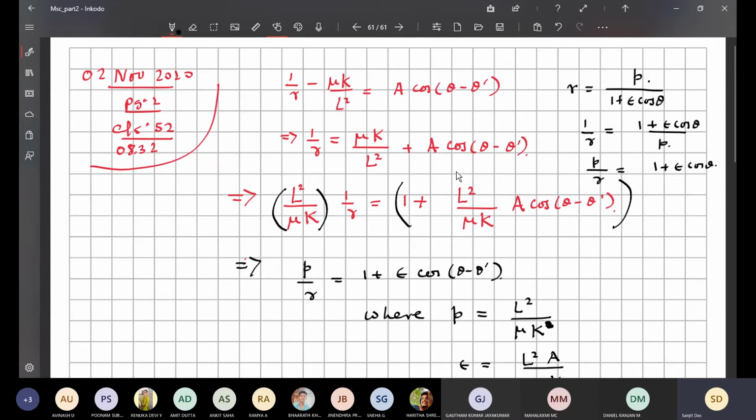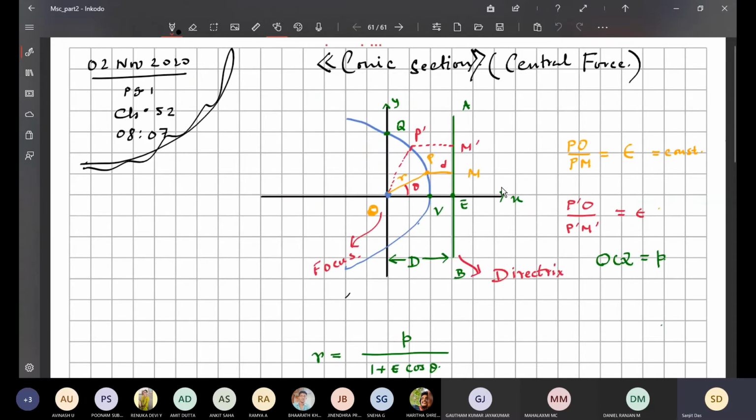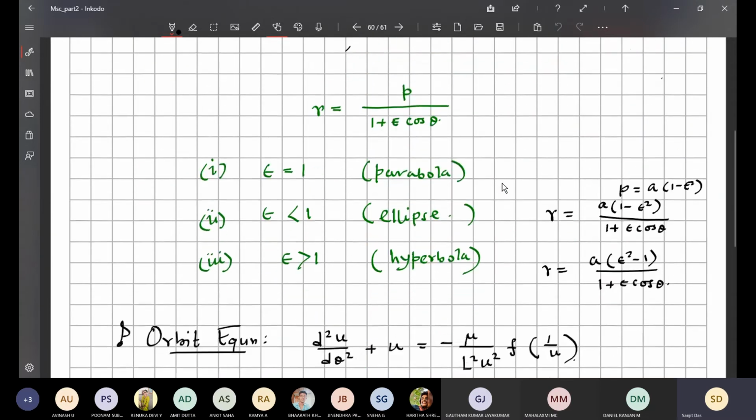Just one question. When I was writing about this part, have I correctly written about this thing? This integral, when I was writing in the previous page, just one moment to cross check here.